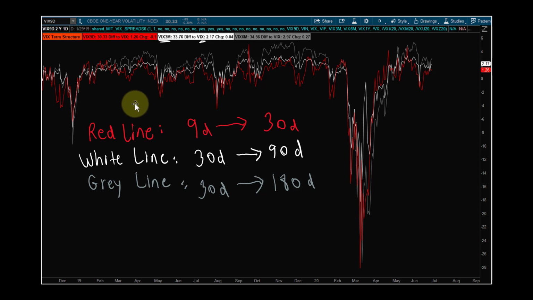So in a normal environment, and here was COVID when the VIX really spiked, but in a normal environment, you're going to see the red line underneath the further out. The reason that happens is because in a normal environment, we know what's going to happen in the next 9 days. We have a pretty good idea of what's in front of us.